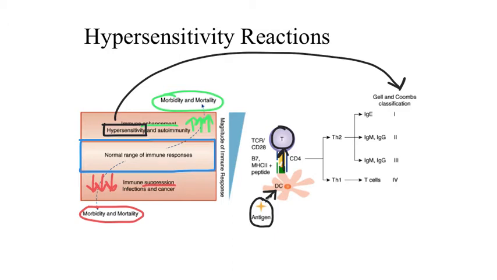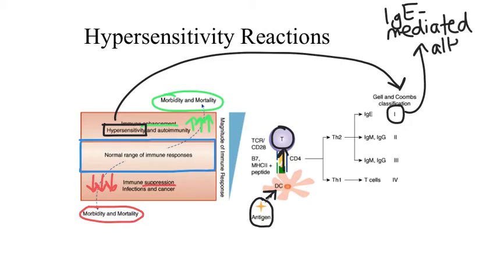This hopefully should be a review, but I will briefly describe each of the 4 hypersensitivity reactions now. Throughout the next series of lessons, we will go into more detail on types 2, 3, and 4. A type 1 hypersensitivity reaction is mediated by IgE immunoglobulin, and this is what we typically associate with allergic rhinitis and other common allergies.